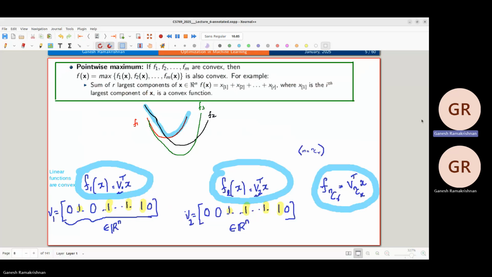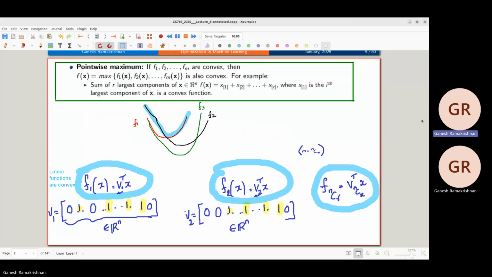Another question? Yes. So is it valid for piecewise functions or?